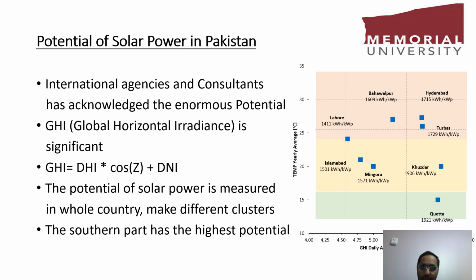We can see that almost all parts of Pakistan show great potential for solar power, but specifically the southern part is showing very convincing results, which is evidence of the great potential of solar power in Pakistan. We have data of four different cities: Hyderabad, Turbat, Khuzdar, and Bahawalpur. So it's a long belt where many solar power plants can be installed.